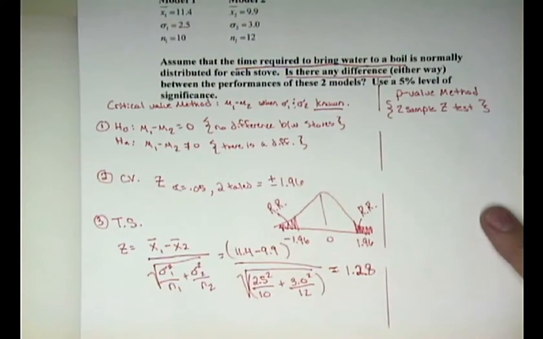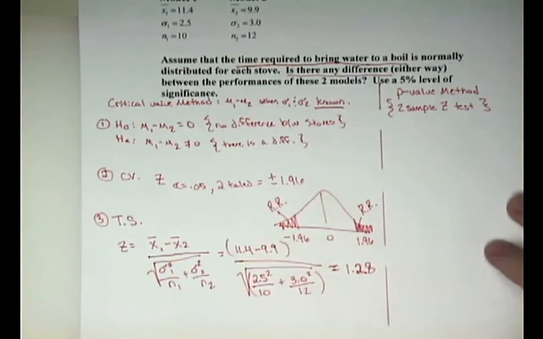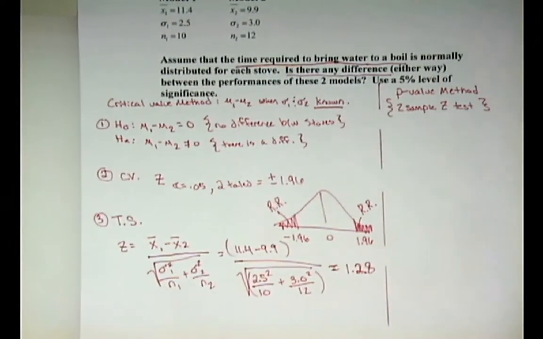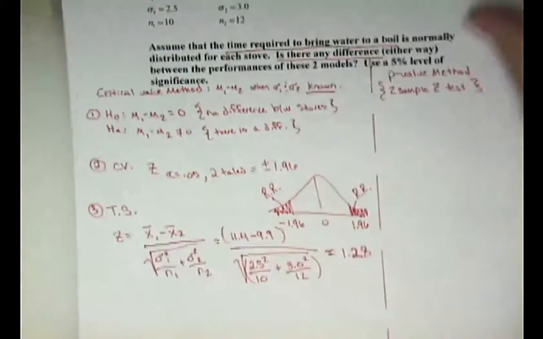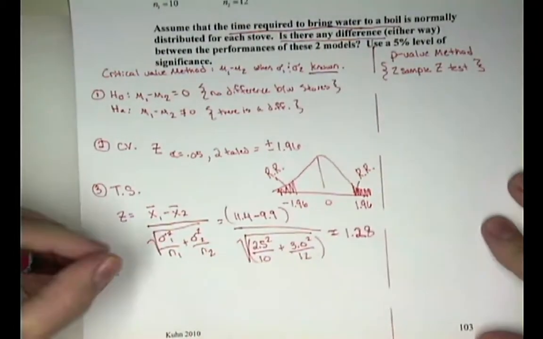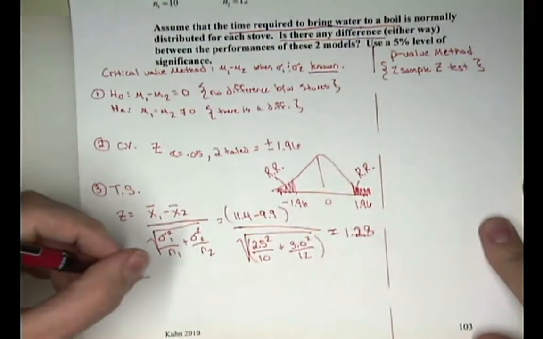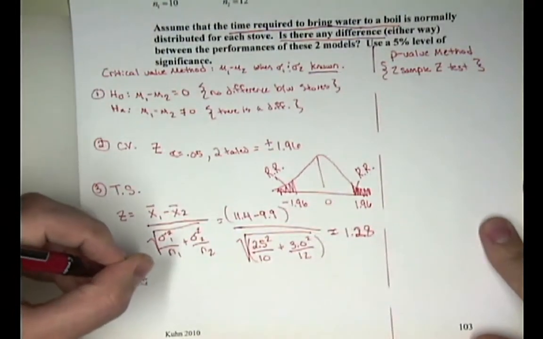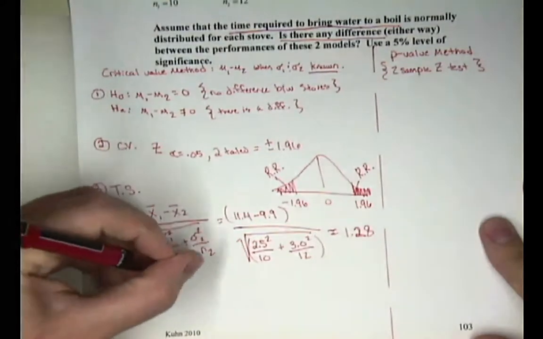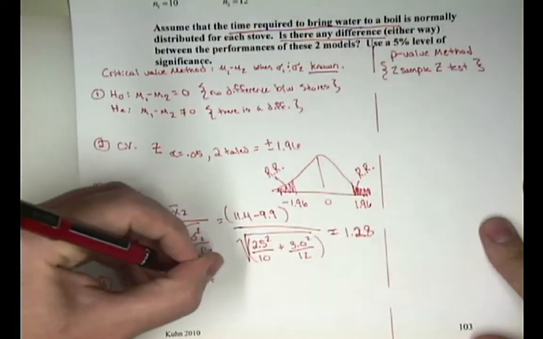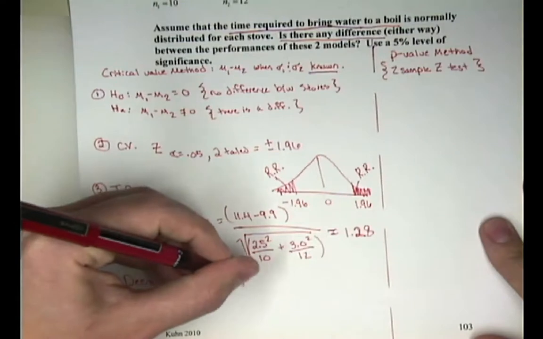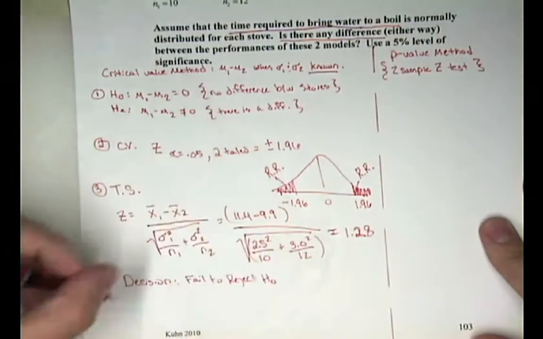Then you ask yourself, where does 1.28 fall in your picture? It falls in the nice clean blank area, the white area, not the shaded area. So your decision is to fail to reject H0.